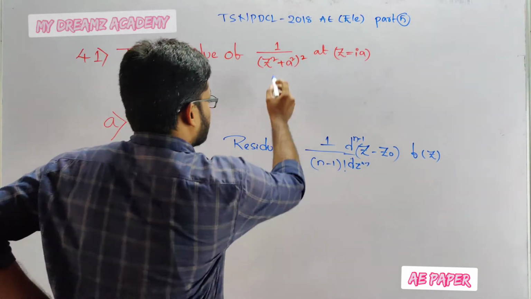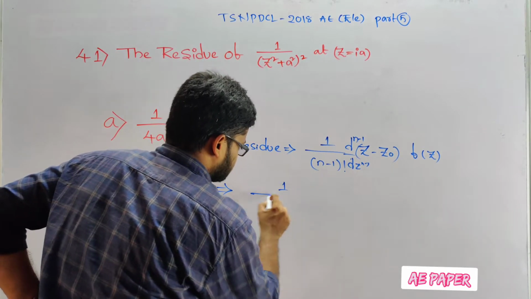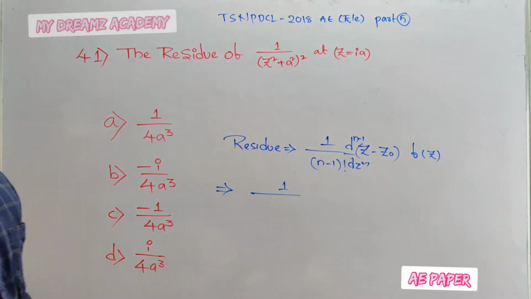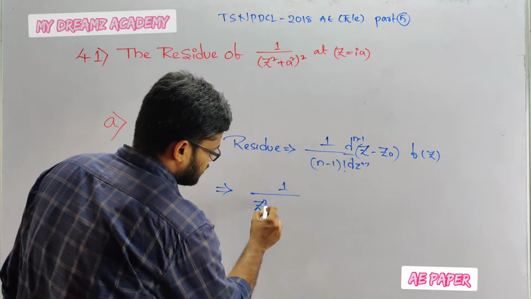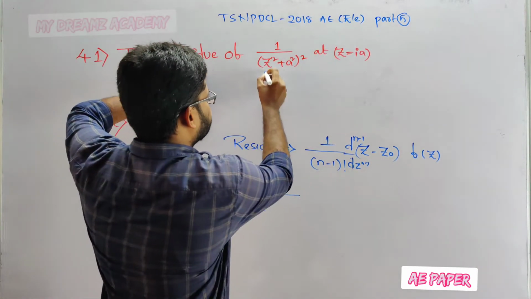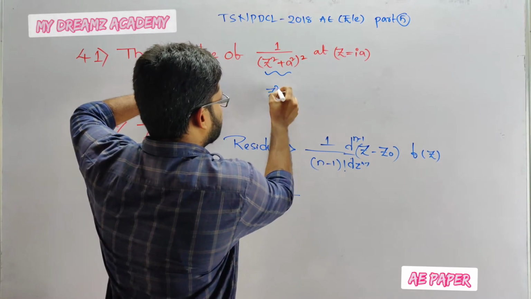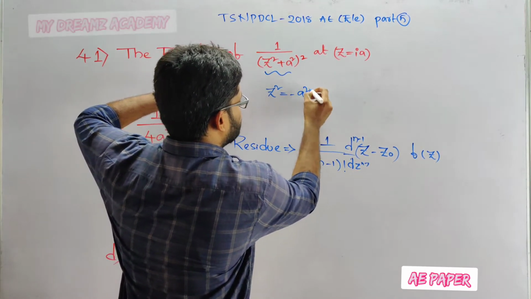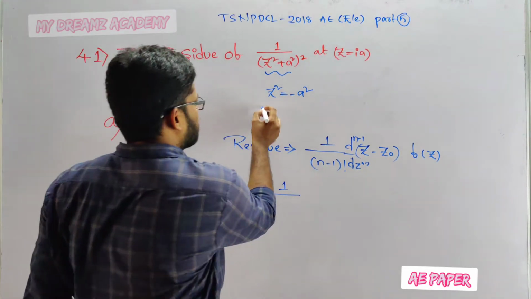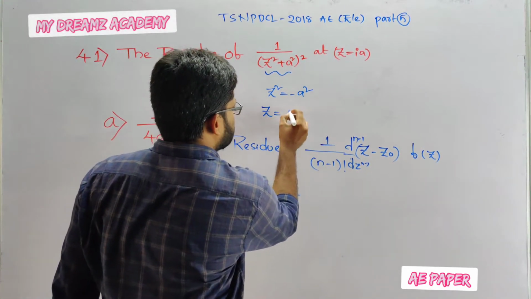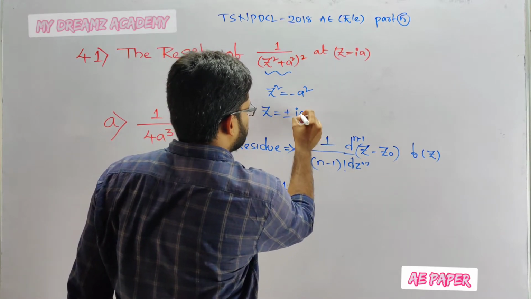Now here our function is 1 by (z square plus a square) whole square. I am writing that z square is equal to minus a square. I can write it like this also, z equals plus or minus ia.